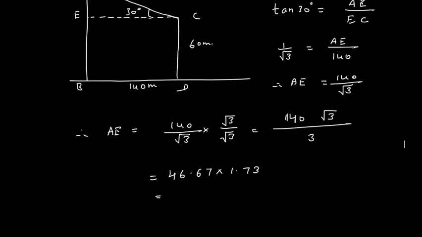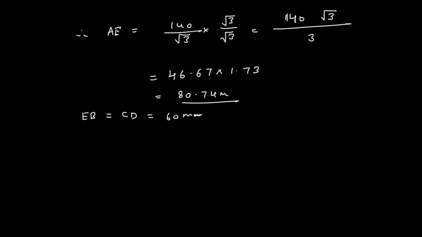So this result is 80.74 meter. So AE we got, EB is equal to 60. EB is equal to CD, we can say. This is a rectangle, so all the angles are 90 degree. So EB is equal to CD equal to 60 meter.